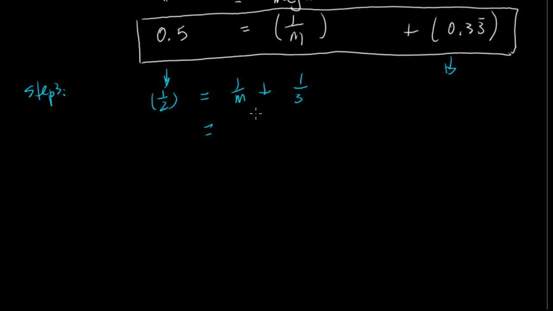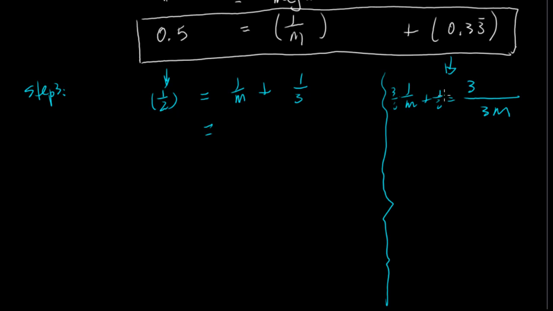From here, I'm just going to split the paper in half. 1/m plus 1/3, common denominator 3m. Multiplying 3 on top and bottom, that becomes 3. Multiplying m on the other, it becomes 3 plus m. So 3 plus m over 3m. I just added those fractions together.